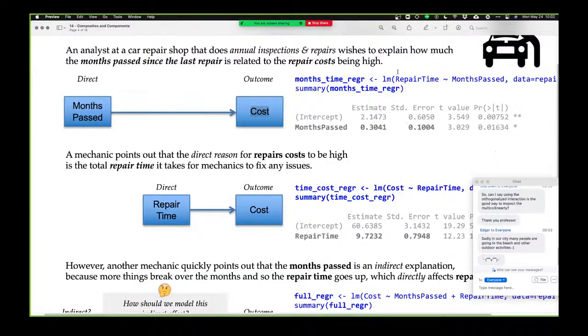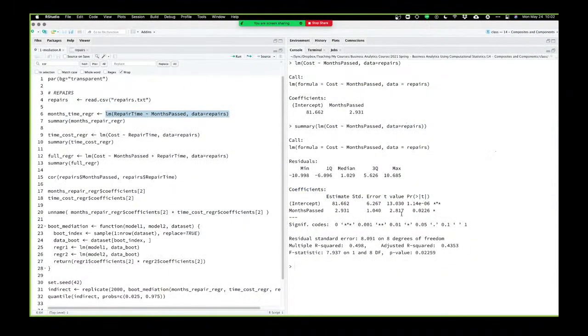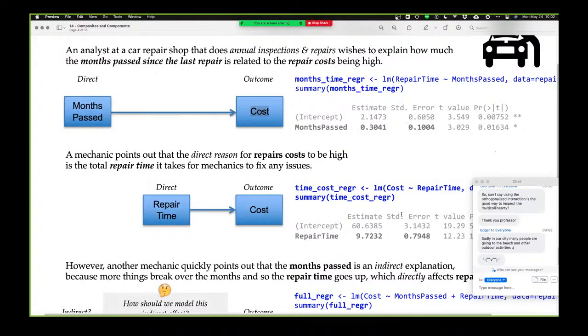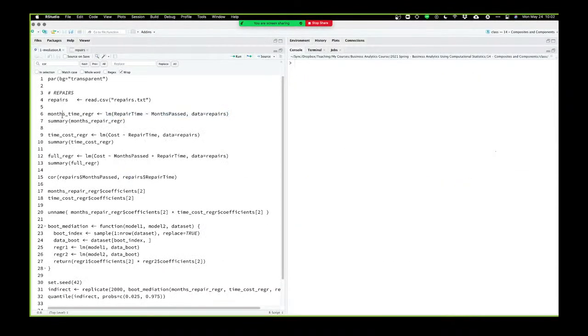I apologize here that I've kind of shown a different regression here. The regression that I've shown on the handout is still a useful one, and it's an important one, and let's take a look at that. Here, the story is that the months that have gone by have basically affected how much time it takes me to do the repair.